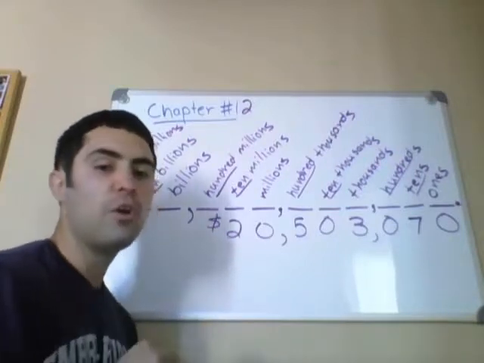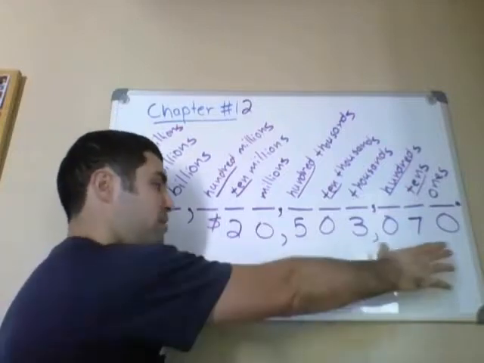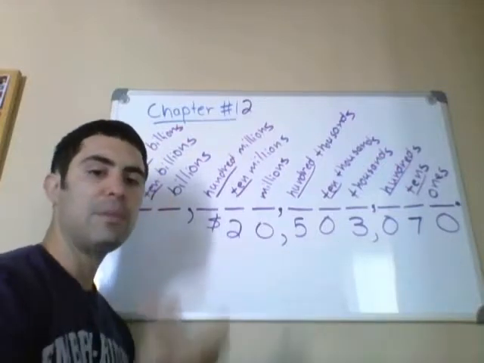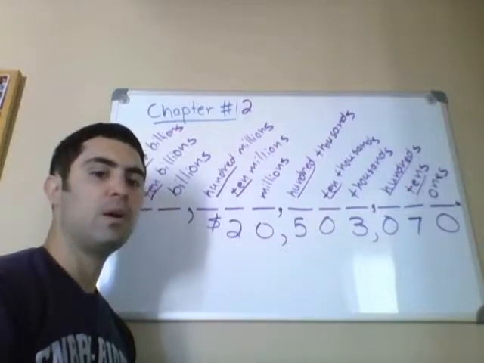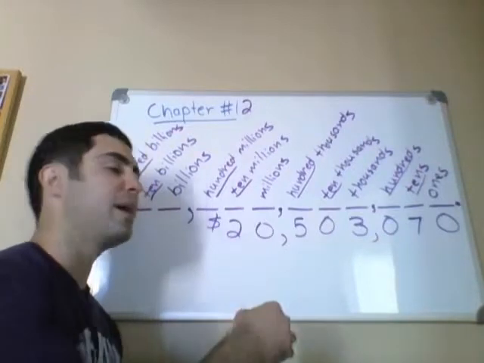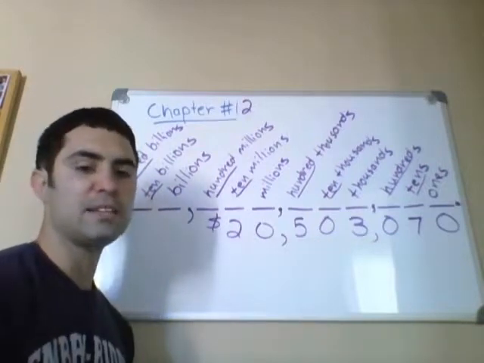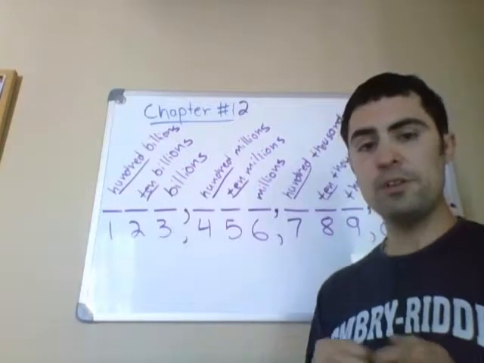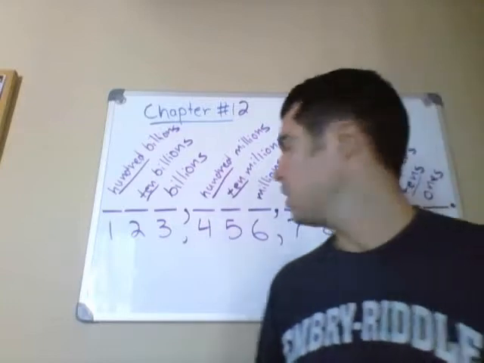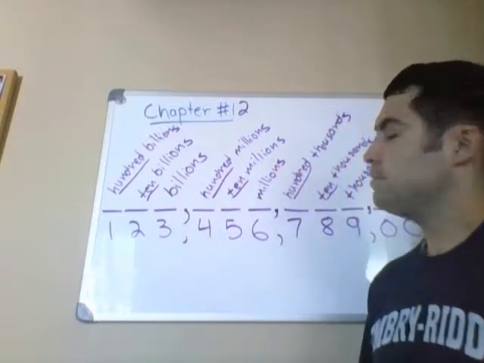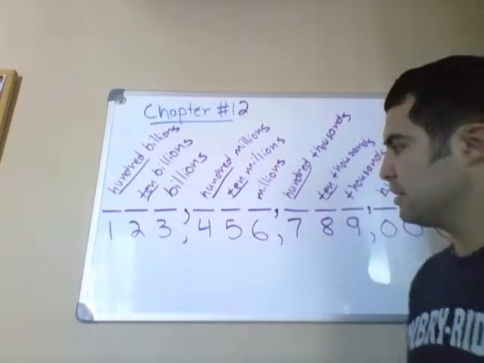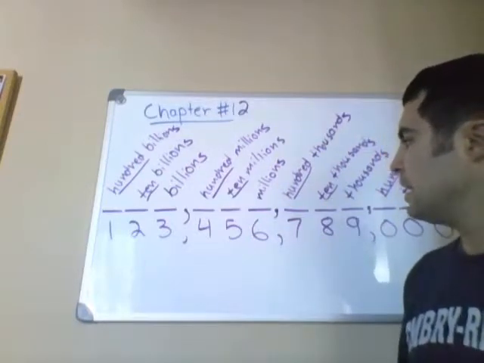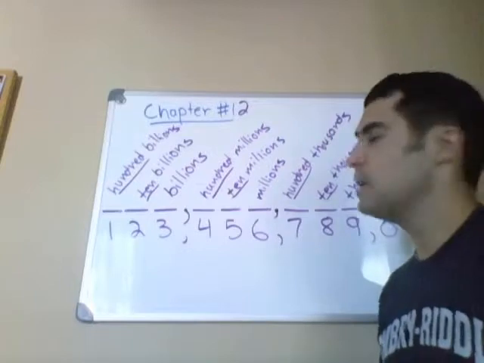So you'll have to know how to start with a number and give it back with words, and then you'll have some words and you'll have to write down the number. So let's practice that. But before we do that, let's build a little number sense. What number is in the 10 millions spot? So you look at this huge number right here, and you want to know what number is in the 10 million spot.